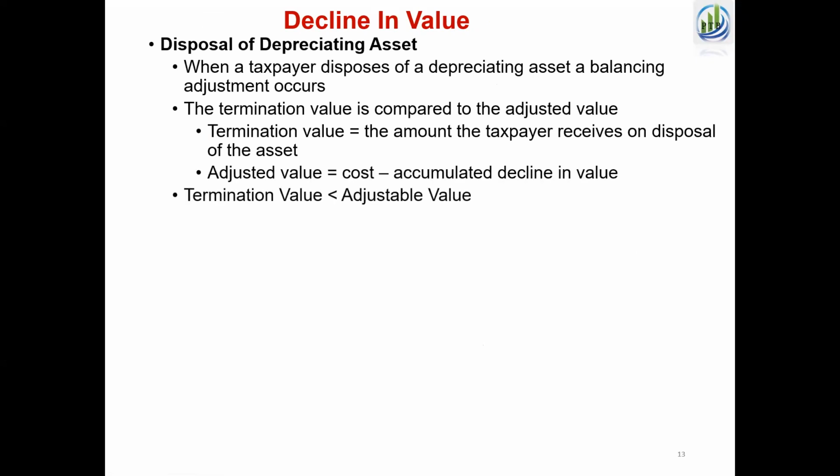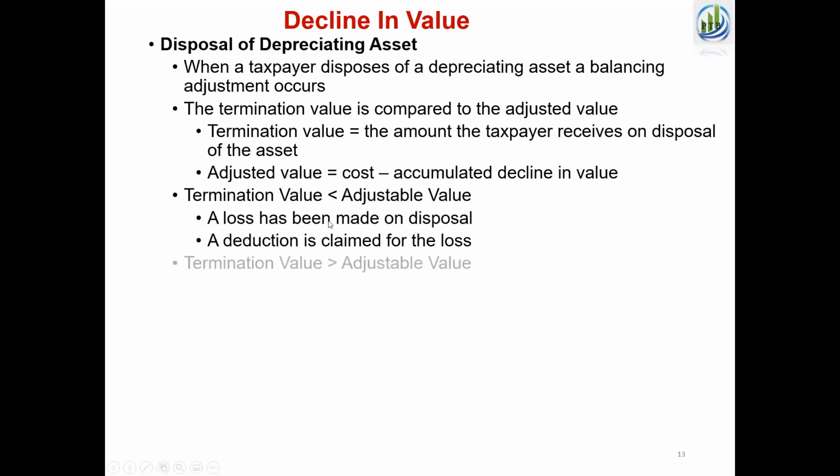Whenever your book value is, for example, 40,000 and you are selling for 20,000, you are making a loss, and that loss can be claimed against income tax. Sorry, I couldn't share the screen previously. So your termination value is higher than the adjusted value.